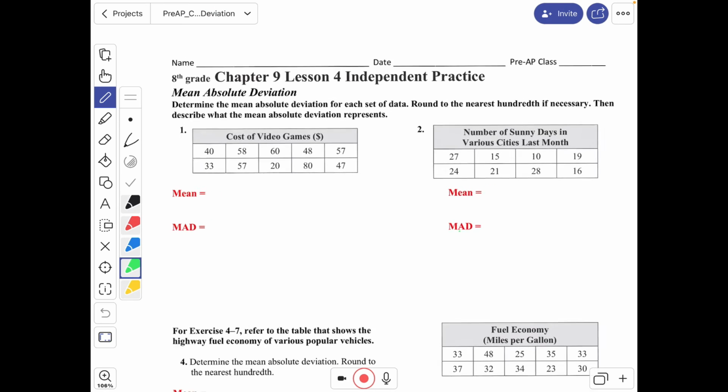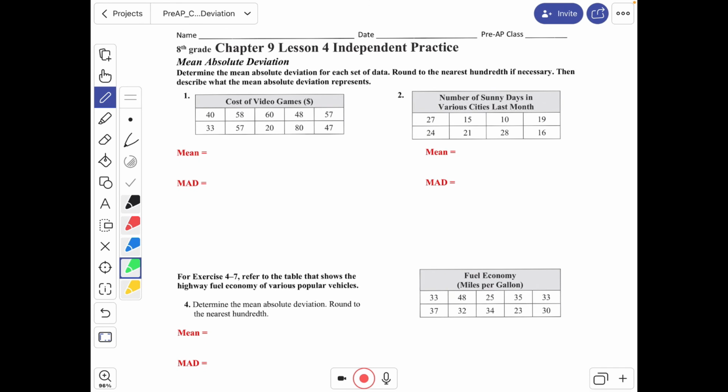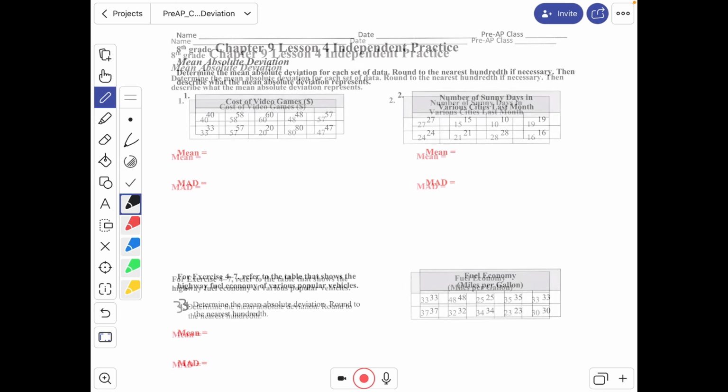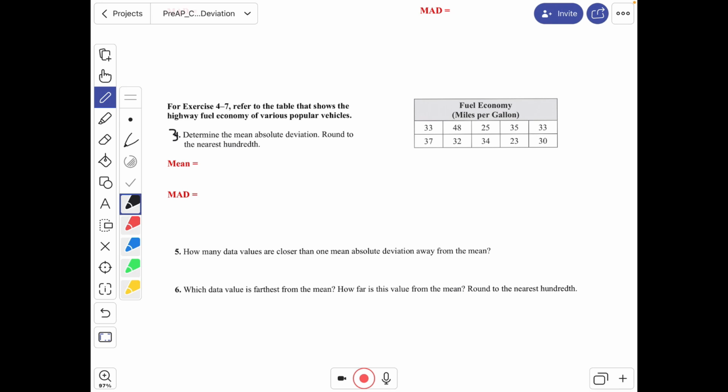So let's look at some of the ones you're going to be doing. On number 1 and number 2, and this is actually number 3, you're going to find the mean, and then you're going to calculate the MAD. Remember, you add and then divide by how many numbers there are. After you calculate the mean and the MAD, for number 3, then you're going to answer a couple of questions, like we just did about that.